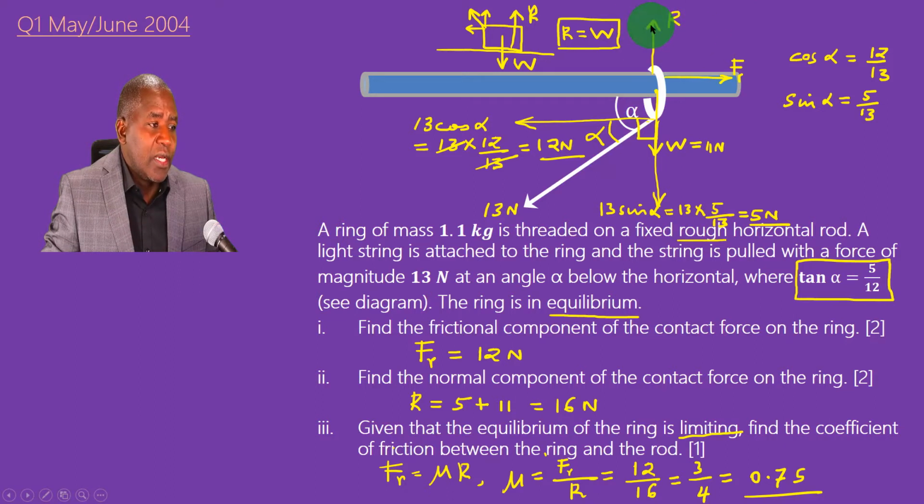It's not always equal to the weight of the object. It may be equal to the weight of the object. It may be equal to a value greater than the weight of the object, like, for example, in this case, you can see R is greater than the weight of the object. Or it can even be equal to a value less than the weight of the object. It can also be equal to 0.